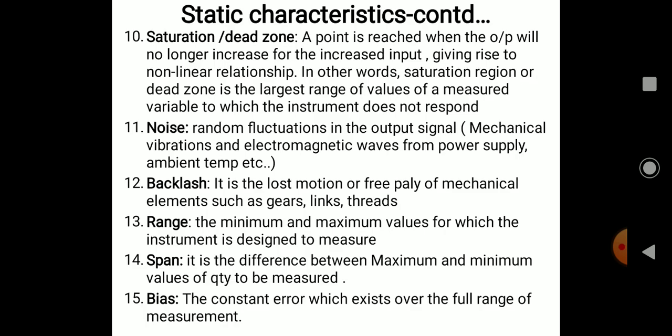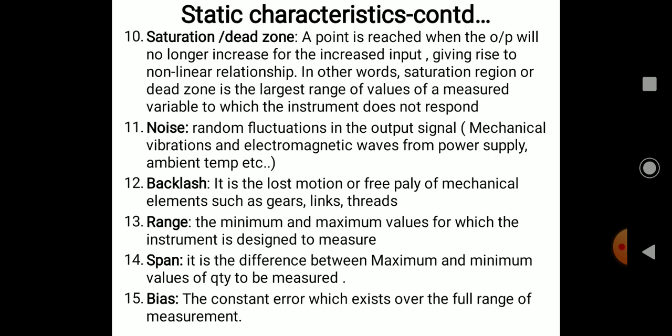Range is a term used in all instruments. Suppose a 0 to 100 amps ammeter, a 0 to 500 voltmeter, a 0 to 200 mm vernier caliper.